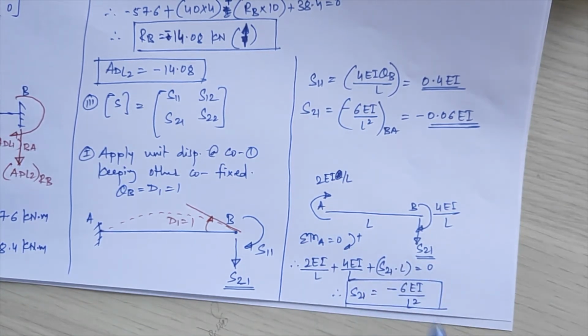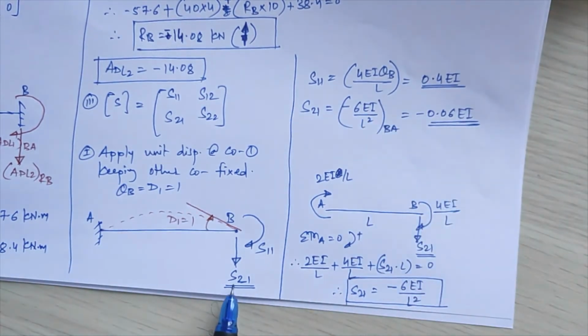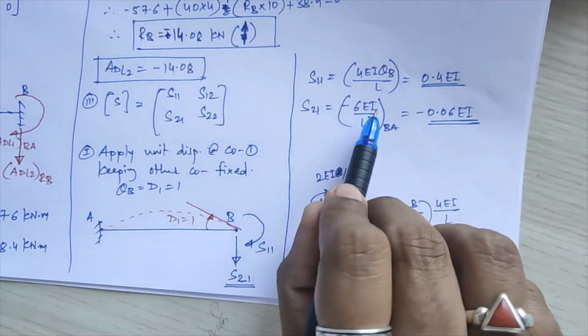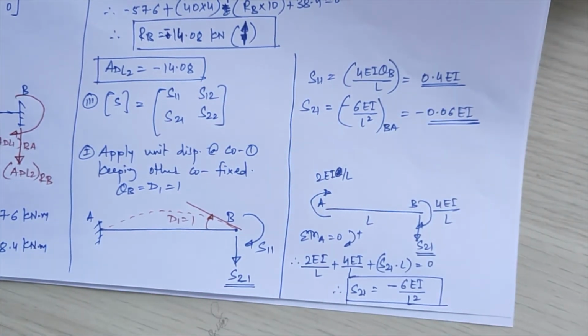From this I have got S21 equal to minus 6EI upon L square. I am writing it with the negative sign as it is, because this is already in downward direction and I am also getting negative here, so I am not changing the direction. Substituting L as 10, 6 upon 10 square, I get minus 0.06 of EI value.